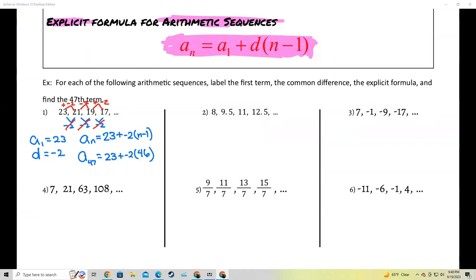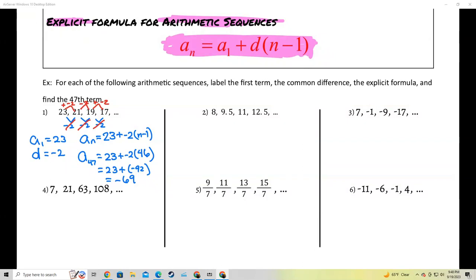Okay. -2 times 46, I believe that's -92. So this becomes 23 plus -92. And then 23 plus -92, that's going to be -69. So I know my 47th term is -69.